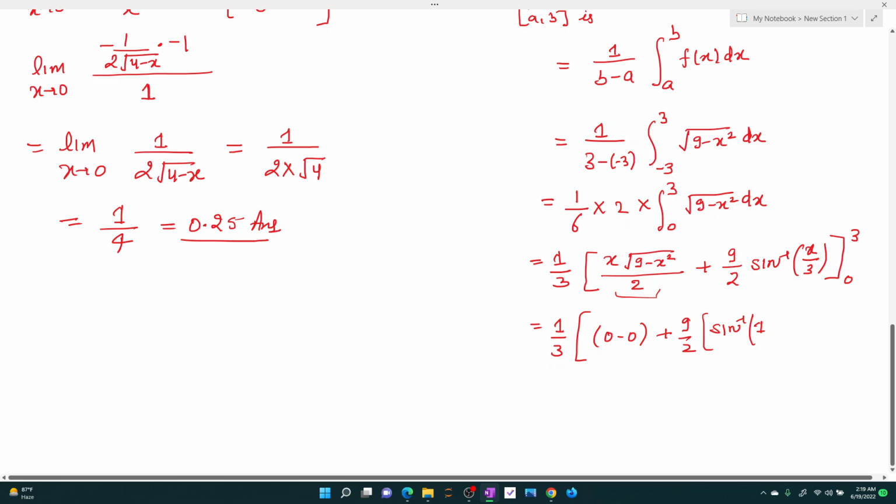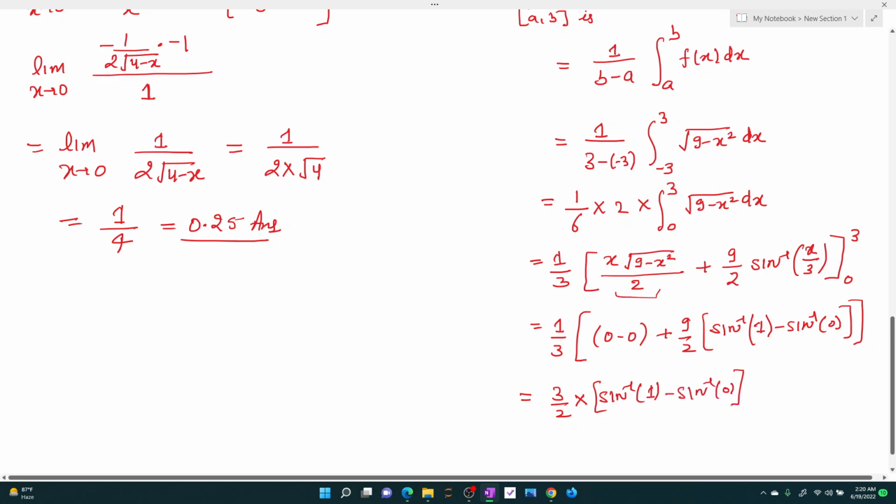So I can say sine inverse 1 minus sine inverse 0, right? If we do the multiplication here, this comes out to be 3 by 2 into sine inverse 1 minus sine inverse 0.